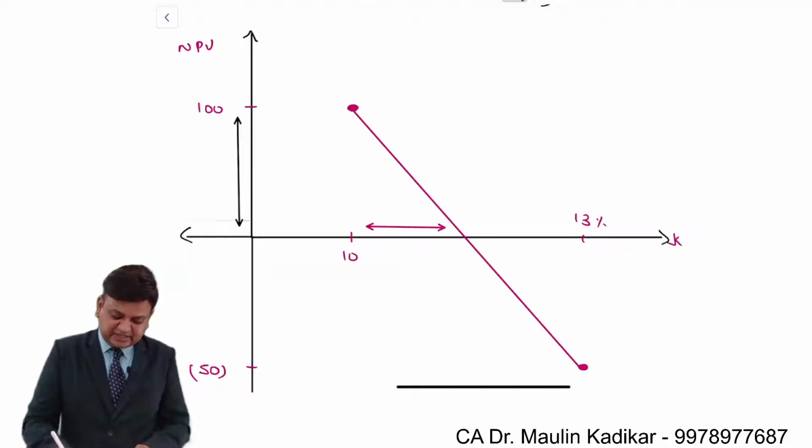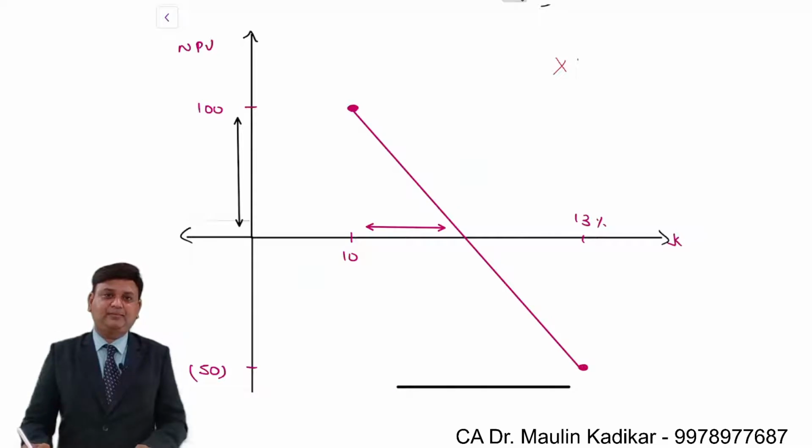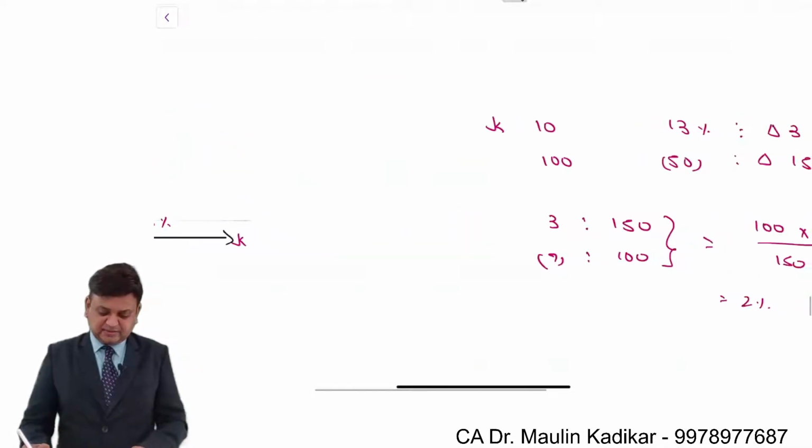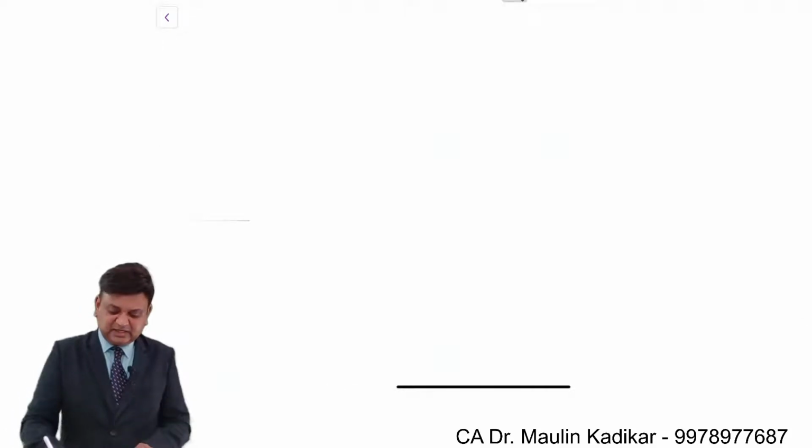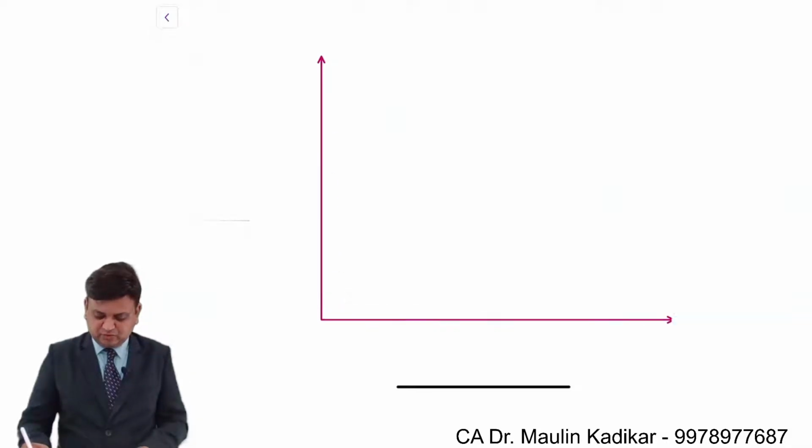Friends, this diagram which I have shown to you is technically wrong. This is not the completely correct diagram. Basically, with the increase in the cost of capital, NPV is falling down. There is no doubt about it. That is, cost of capital and NPV have inverse relationship. That's true.